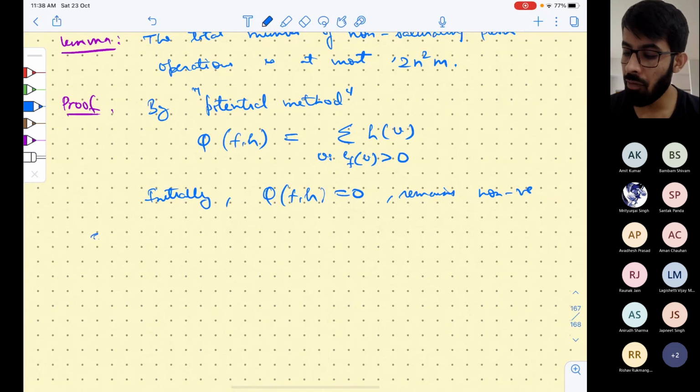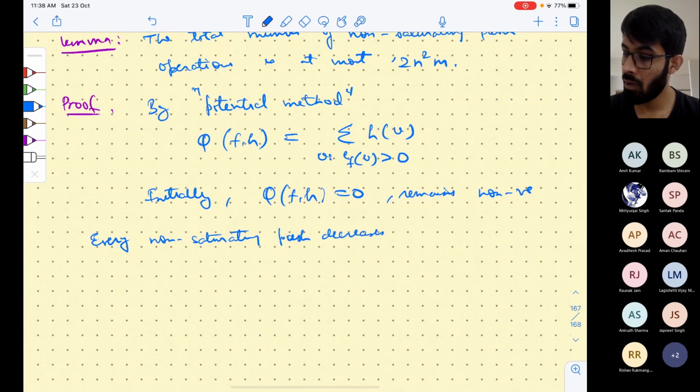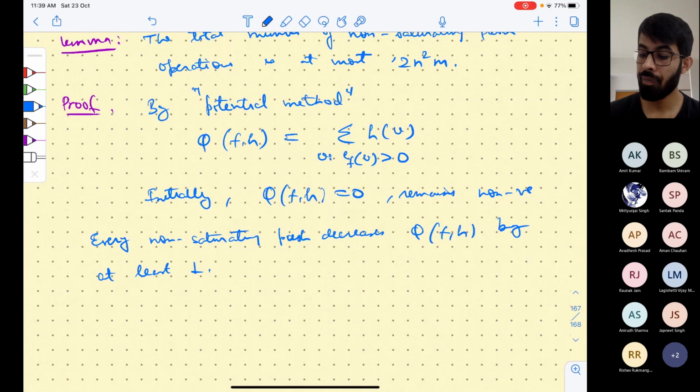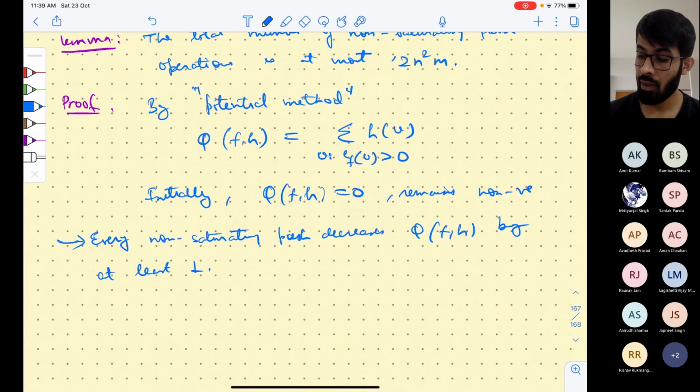Also, I want to claim that every non-saturating push decreases it by at least 1. Why? Because after the non-saturating push, the vertex V still has excess, but its height is increased by... No, sorry.